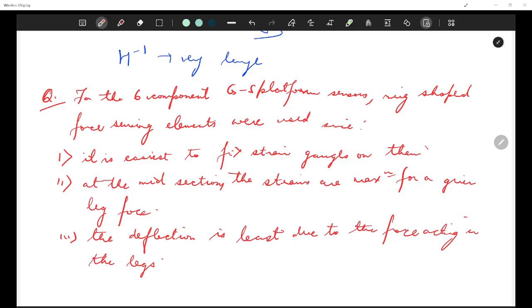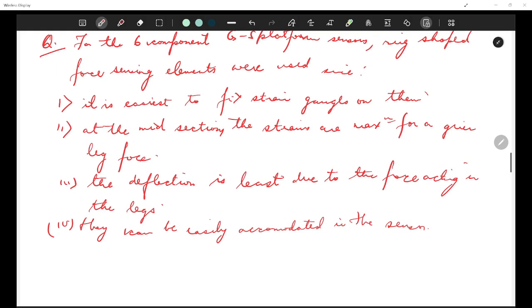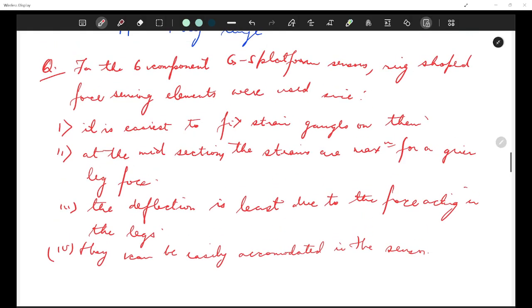Okay, and they can be easily accommodated in the sensor. Okay, so this is the question. For a 6-component Gauss-Stewart platform, sensors which are presented in the lecture, the ring-shaped force sensing elements were used since it is easiest to fix strain gauges on them. At the midsection, the strains are maximum for a given leg force. The deflection is least due to force acting on the legs, and they can be easily accommodated in the sensor.